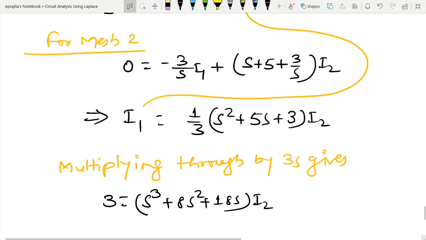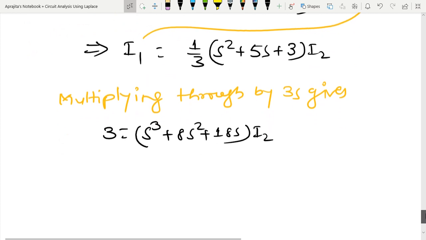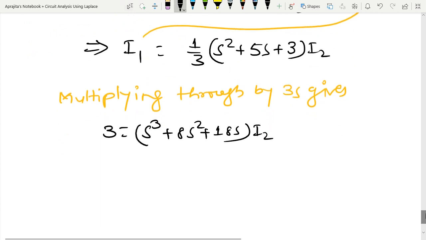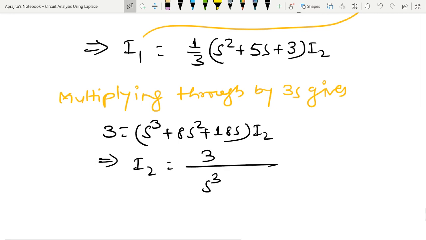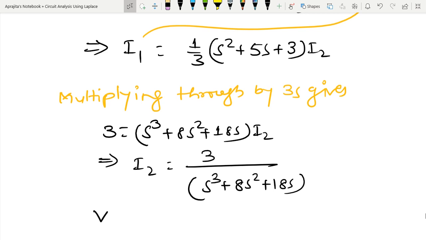Basically now I have this result: I2 equal to 3 divided by (s cubed plus 8s squared plus 18s). Now I can write the expression for V0(s), that is nothing but s into I2.